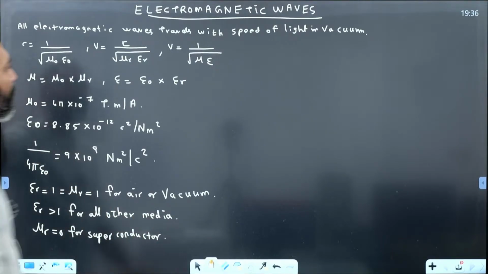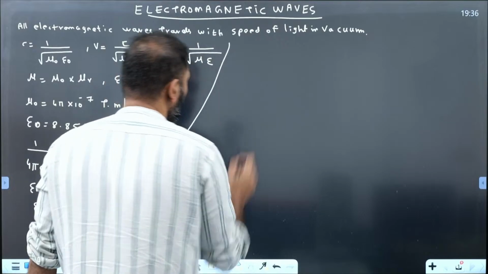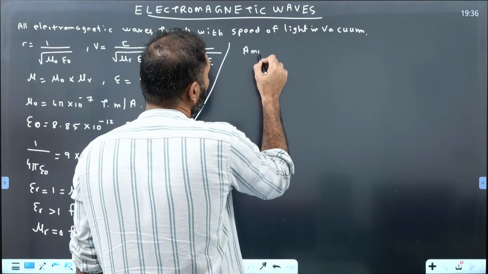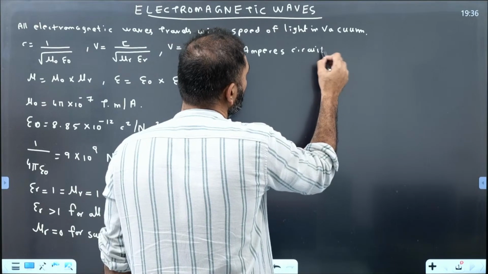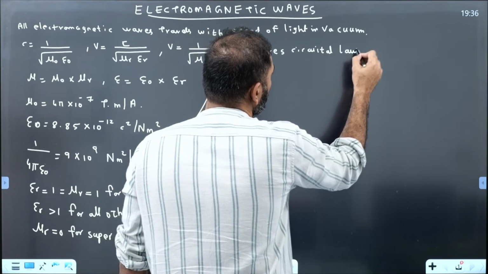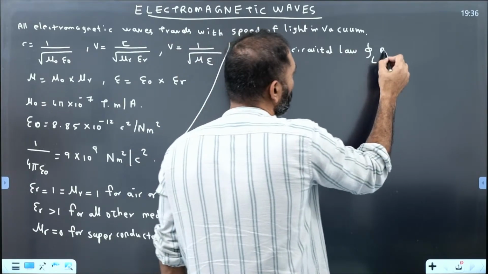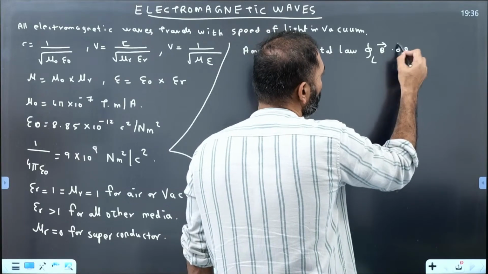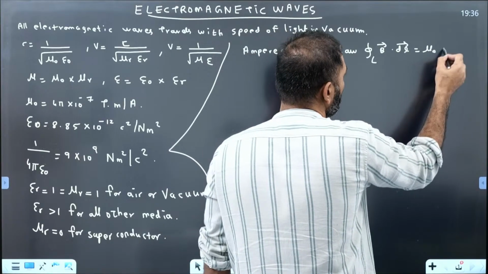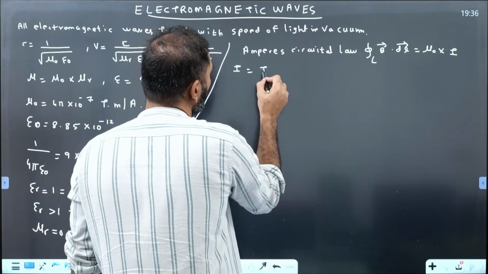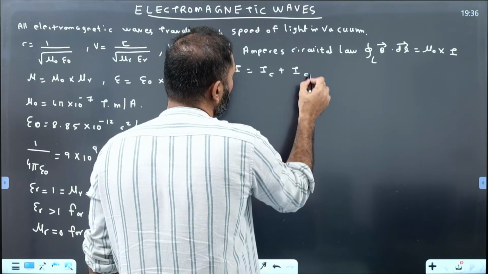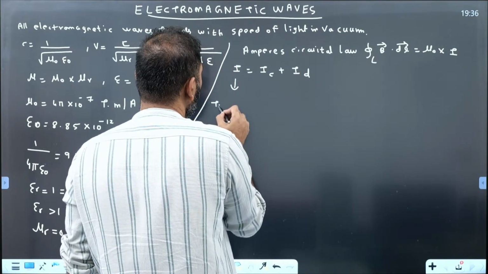Okay. Then, Ampere's circuital law. Integral over L, B vector dot dl vector is equal to what? Mu 0 I. Total current is equal to conduction current plus displacement current. I is total current.